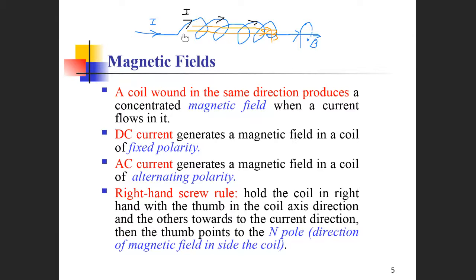So if you have a current in the coil, with the coil current direction like this, the magnetic field will be perpendicular here. So that's why we said a coil wound in the same direction produces a concentrated magnetic field when current flows in it.